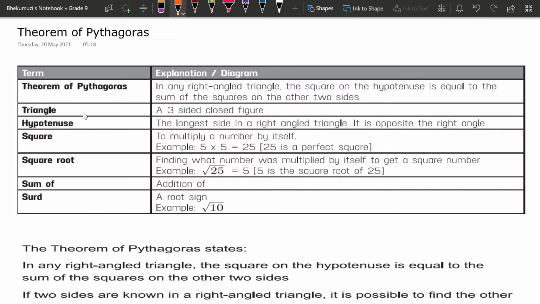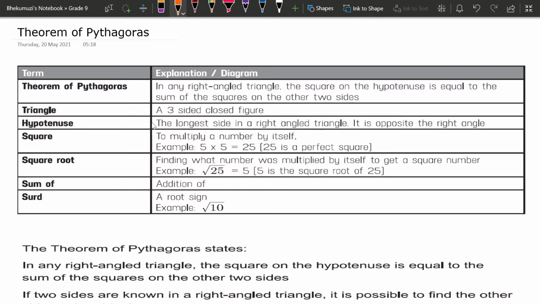And then we have a triangle, and the definition of a triangle is a three-sided closed figure. Then we have a hypotenuse, which is the longest side in a right angled triangle. Now, not just any triangle, but a right angled triangle. So that's very important.